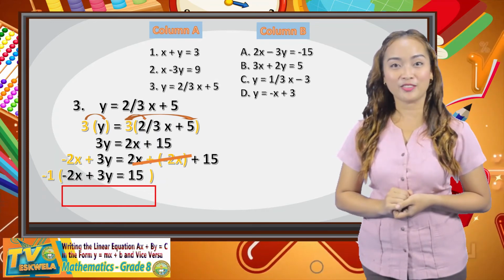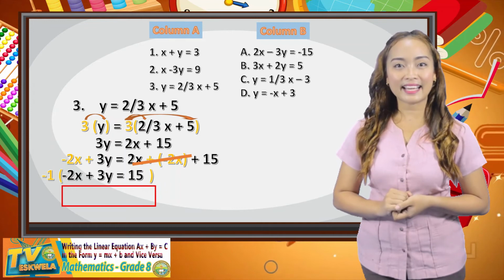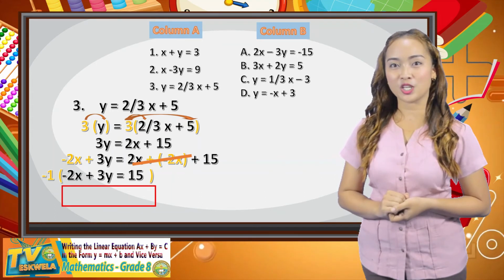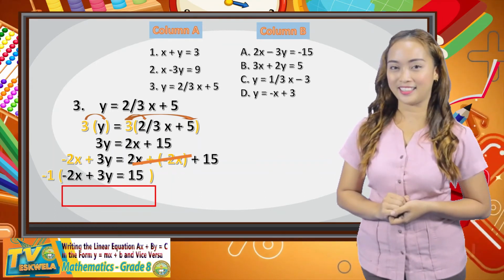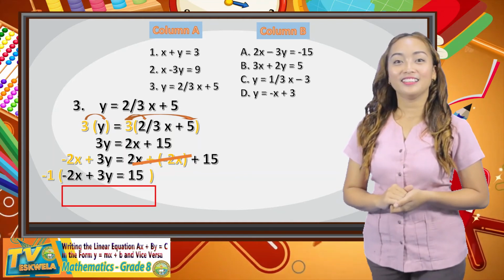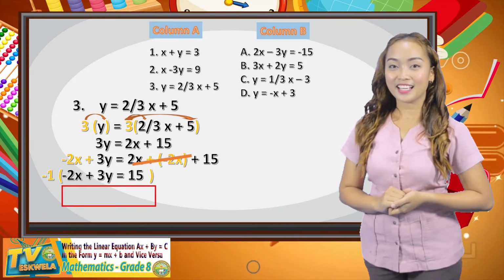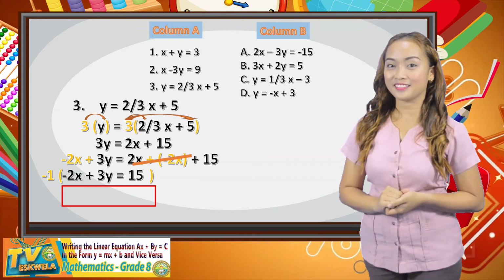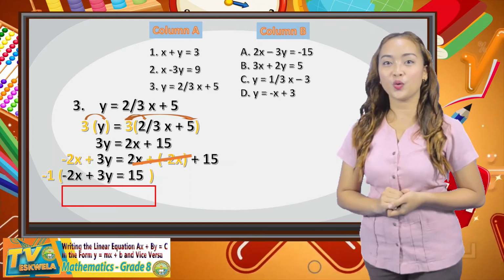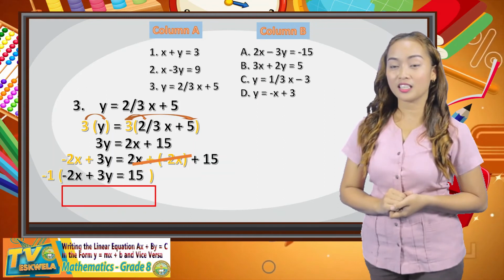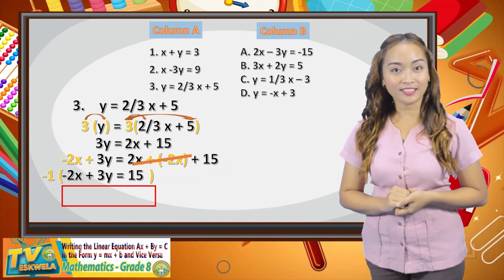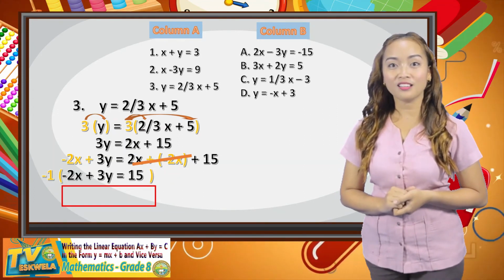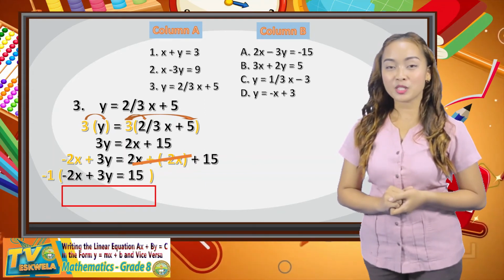To make it positive, let's multiply negative 1 to both sides of the equation by multiplication property of equality. Let's distribute. Negative 1 times negative 2x is positive 2x. Negative 1 times positive 3y, negative 3y is equal to negative 1 times 15.